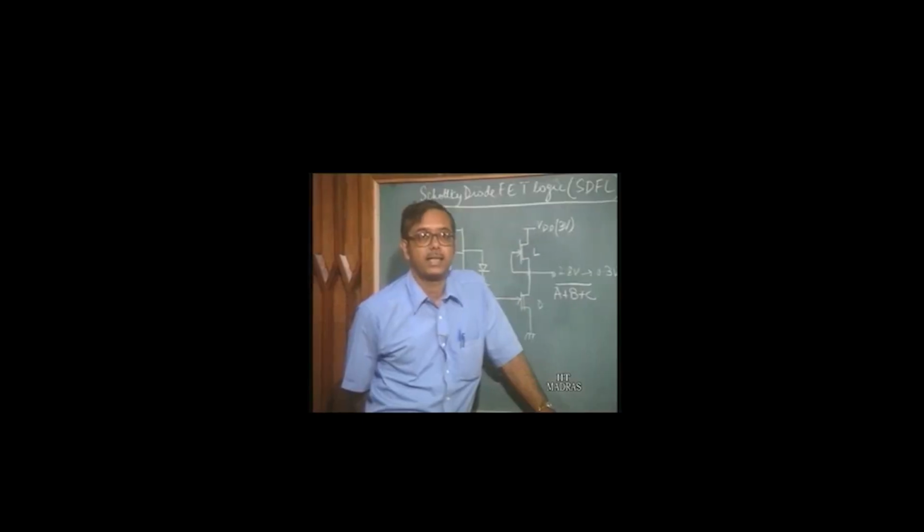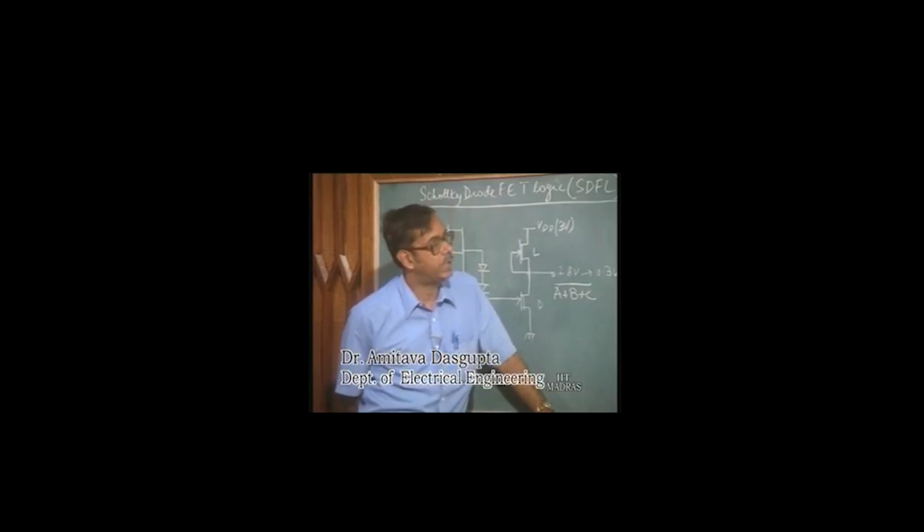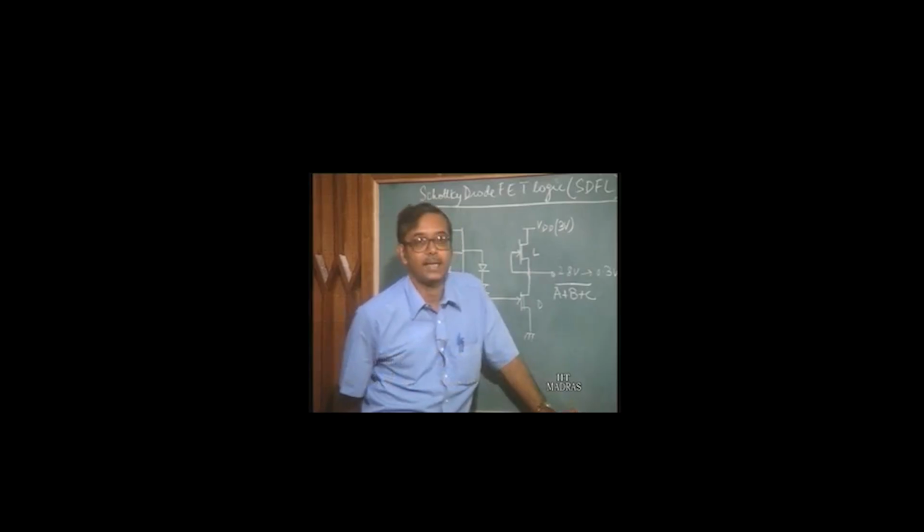So you see that one can achieve very complicated logic circuits using this Schottky diode FET logic, by connecting Schottky diodes in different configurations. To reiterate, the advantage of this circuit is that it uses mostly Schottky diodes, and Schottky diodes occupy very small area, so they are suited for large scale integration.